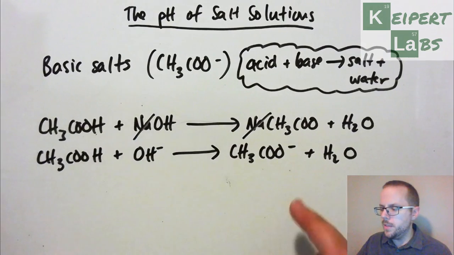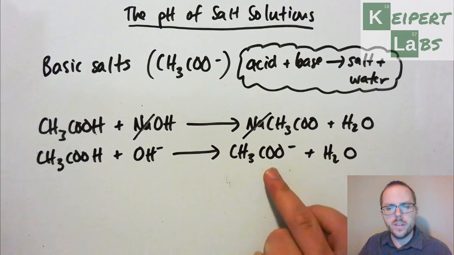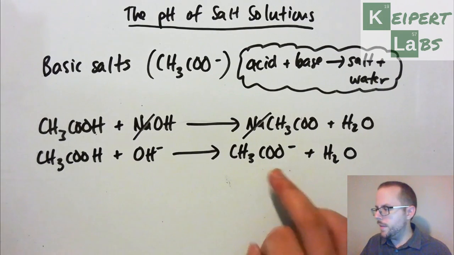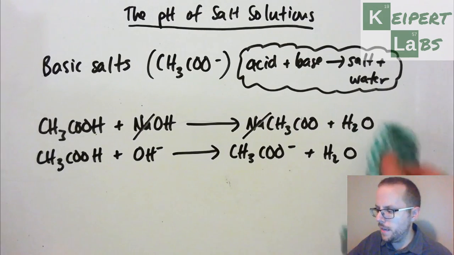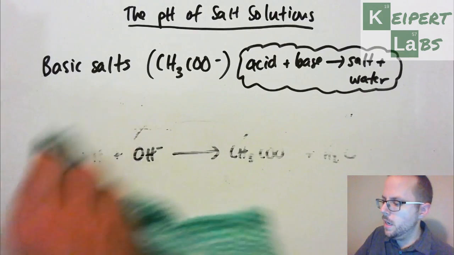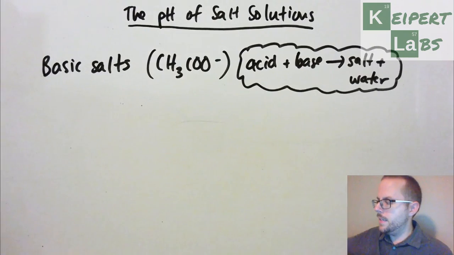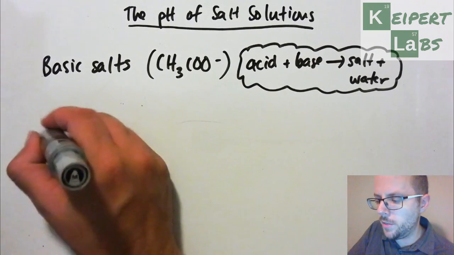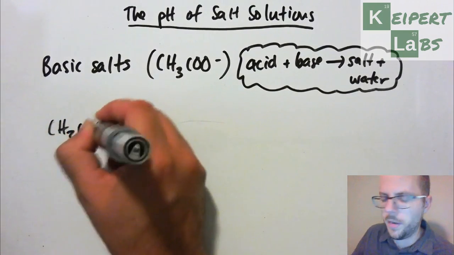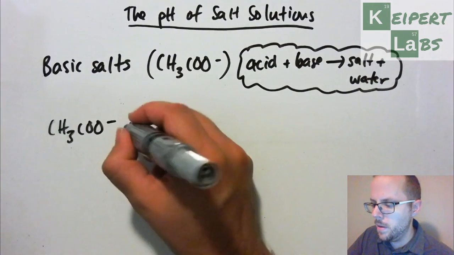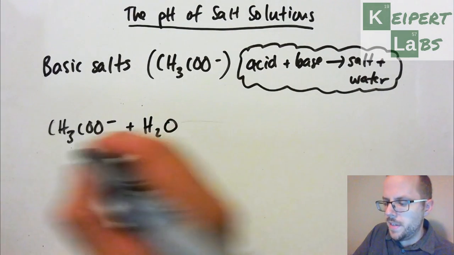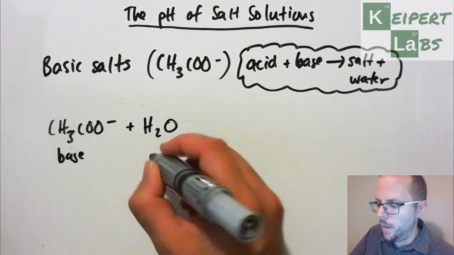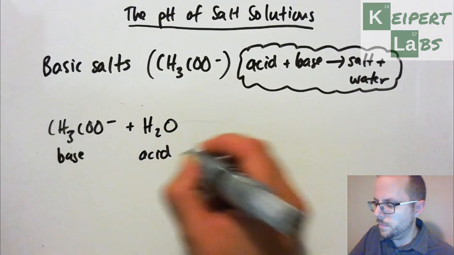Okay, so that gives us the first clue as to how this is going to behave. Now, we can then say, let's imagine that we have that acetate ion in water. We know that acetate can react with water, where this is acting as a base and water is acting as an acid.